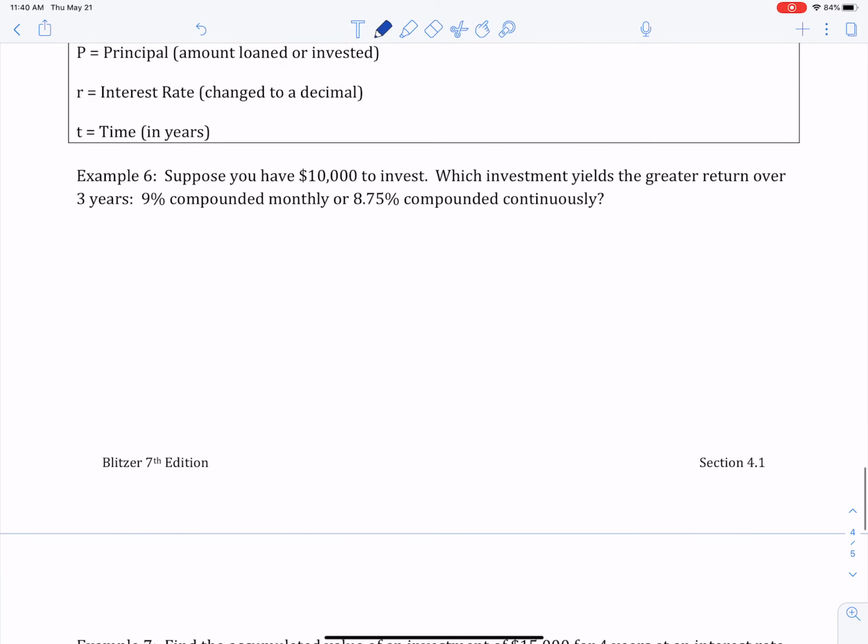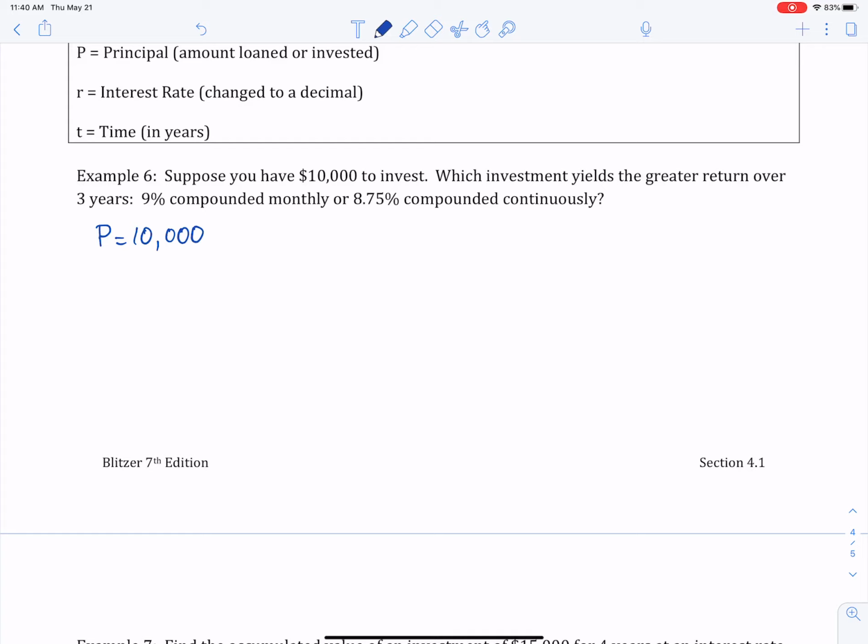So for example 6, suppose that you have $10,000 to invest. Which investment yields a greater return over 3 years, 9% compounded monthly or 8.75% compounded continuously? So the question here is about money invested, and the principal invested is $10,000.